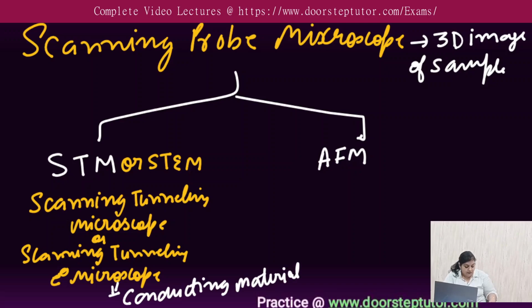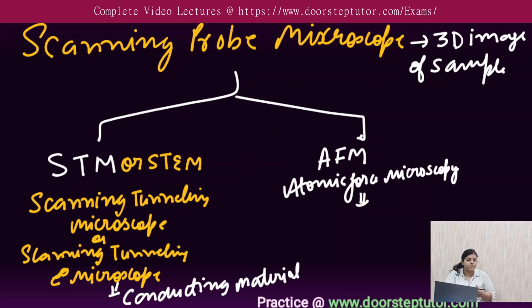On the other hand, the other one, AFM, stands for atomic force microscopy. The instrument used is called the atomic force microscope. This technique you will use to detect the 3D images of insulating materials, that is, non-conducting materials.